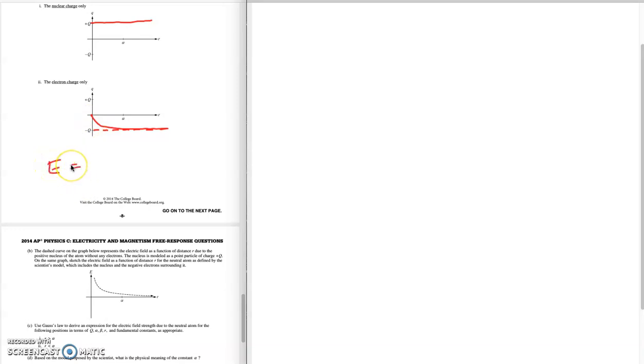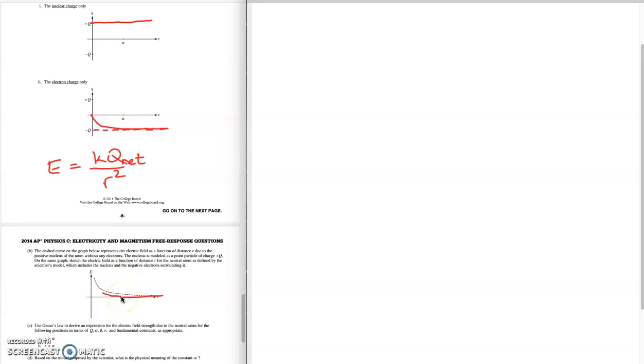Remember, E equals K, our most basic formula for the electric field. KQ, and this has to be net. So we have plus Q, we have minus Q, and when we add those together, the electric field is going to be reduced. What we also need to keep in mind is that once we've reached alpha here, we have a minus Q for the electrons and a plus Q for the protons, and the net is going to be 0 when you get out past alpha.